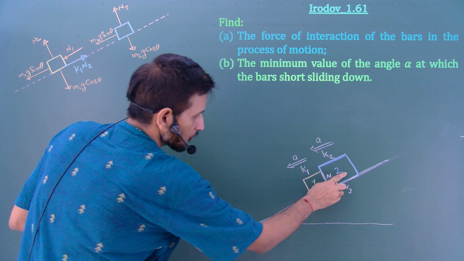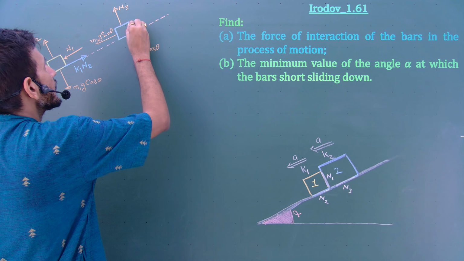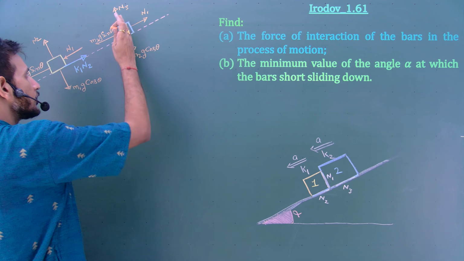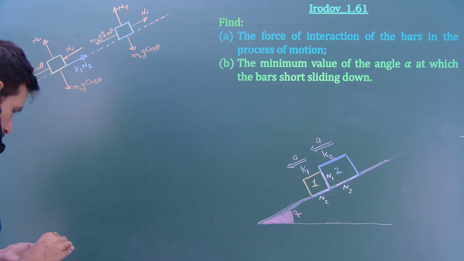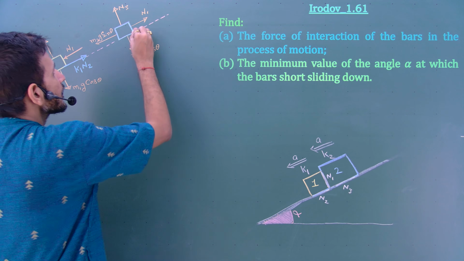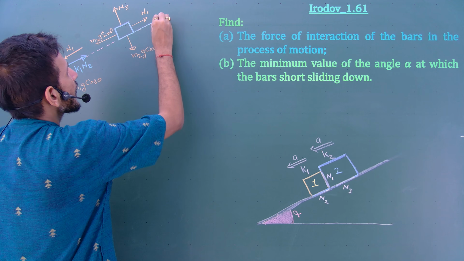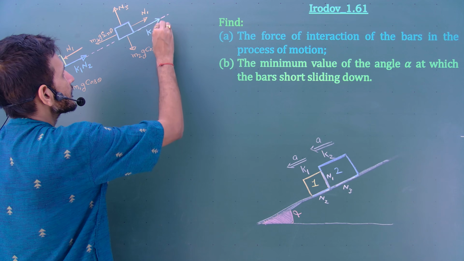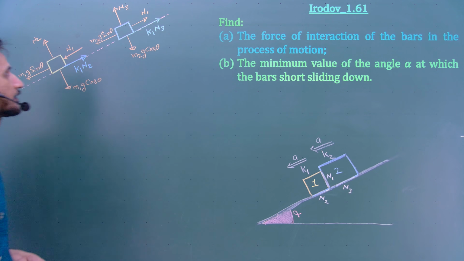The normal on block 2 by block 1 is in this direction and its magnitude is N1. This block is also moving down the plane, so the friction force will act in the direction up the plane and its magnitude is k2 into N3. So let me write the equation for this.